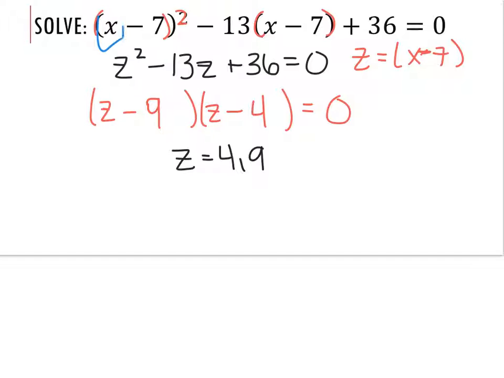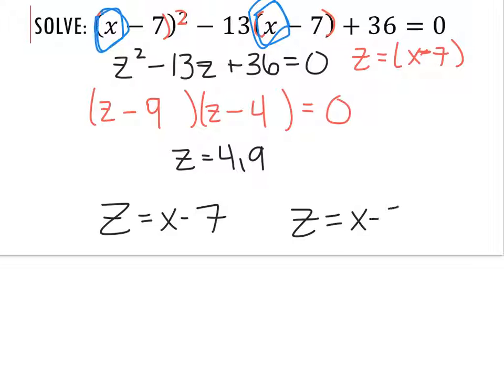In the original problem, our variable was x. So that means we have to figure out, well, what is x? Well, we learned that z was equal to x minus 7, right? But we learned that z was 4 and that z was 9.